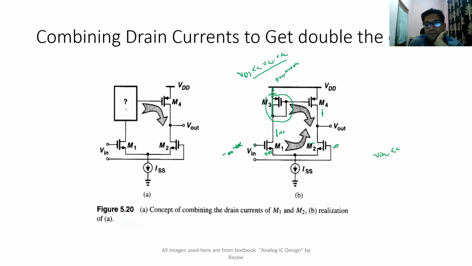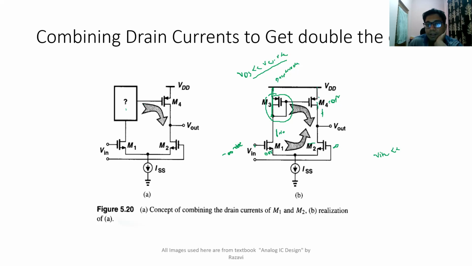If there is 0 current flowing in this branch, what will be the current flowing in this branch? No current. Current produced by M4 because of copying action is going to be 0 amperes. So no current is going to flow here. And once no current is flowing here, there will be no VDS, and again it will be as if shorted to VDD.